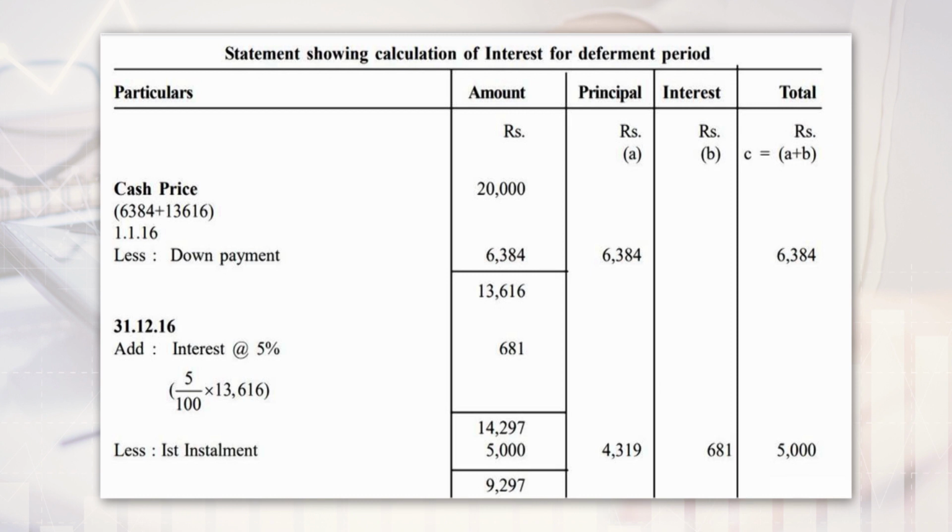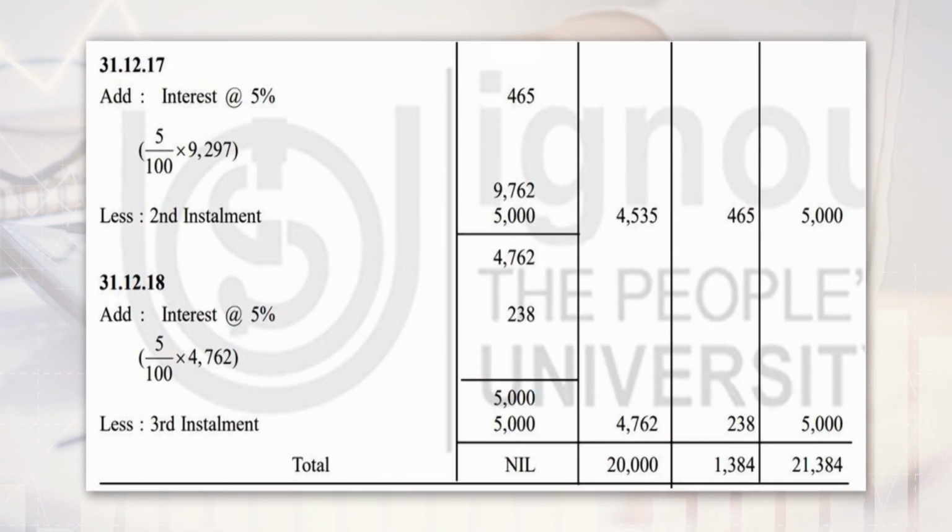Now after subtracting the first installment of 5,000, this is 9,297. Now we will calculate the amount of interest on this outstanding amount, 9,297, 5% interest, that is 465.